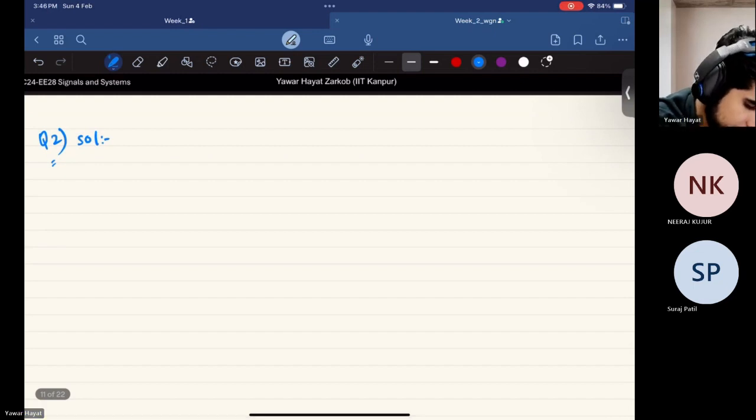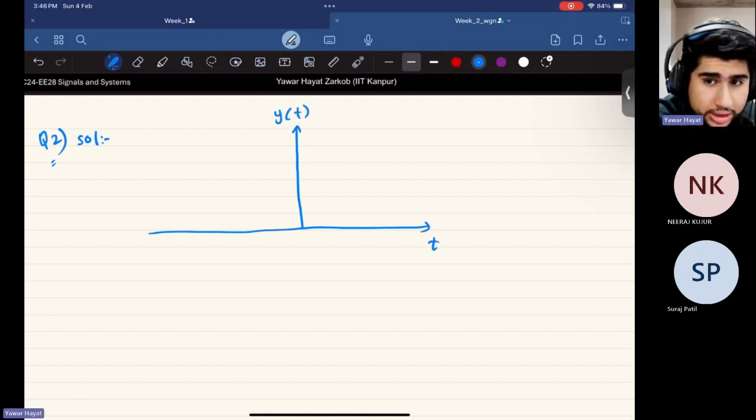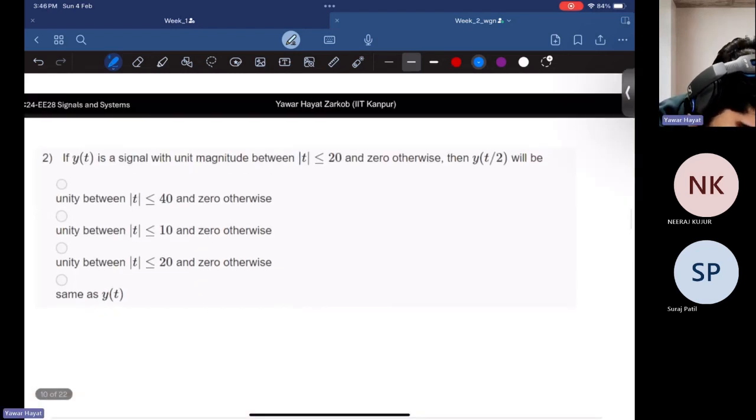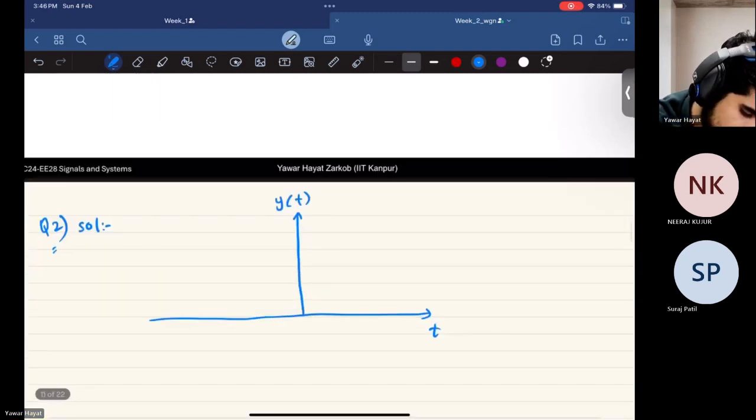Now we have a signal. The signal was y of t, right? Yeah, the signal was y of t and it was a unit magnitude between these. So y of t is 1.